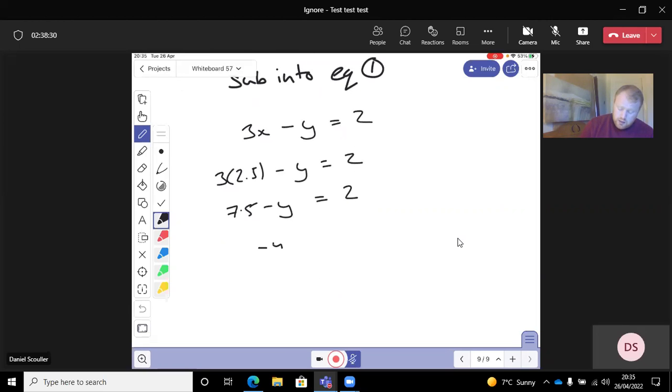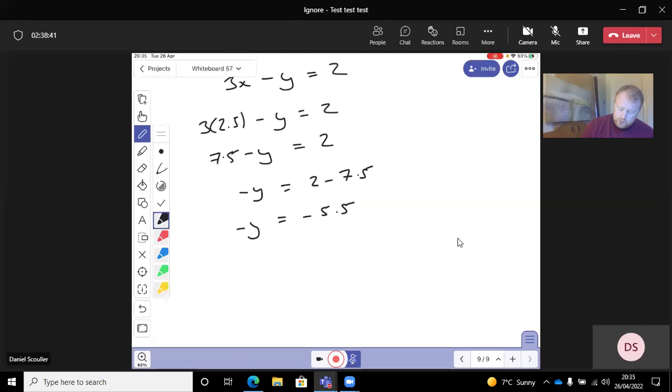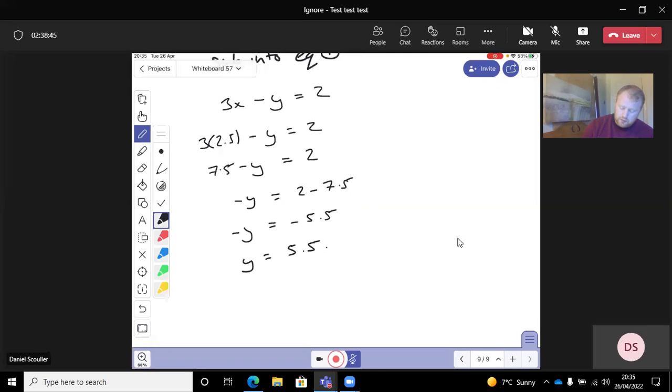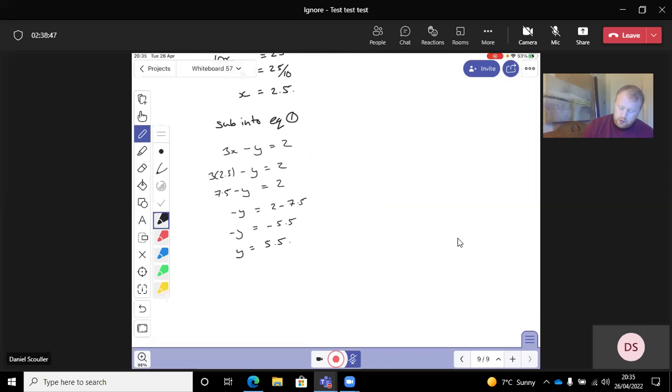So minus y is equal to 2 minus 7.5, minus y is equal to minus 5.5. So y is equal to 5.5. Okay, so the coordinate, therefore, is when x is 2.5 and y is 5.5.